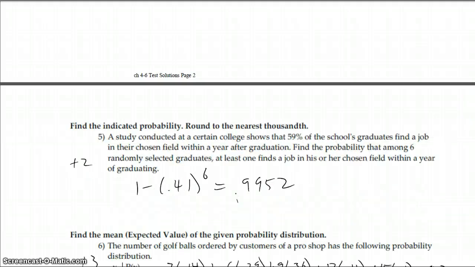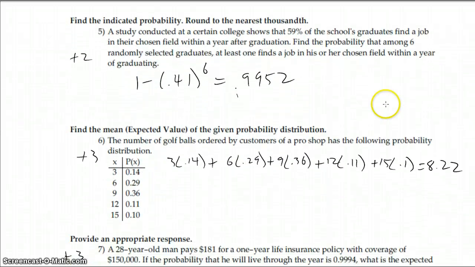On number 5 here, we want to find 59% find a job within a year, and it says among 6 randomly selected graduates, at least 1. So we'd have to find 1 or 2 or 3 or 4 or 5 or 6, which would take a lot of work. So what we did here is say, all right, let's just find the probability that nobody gets a job, because it's the only other scenario, and we subtract that from 1.